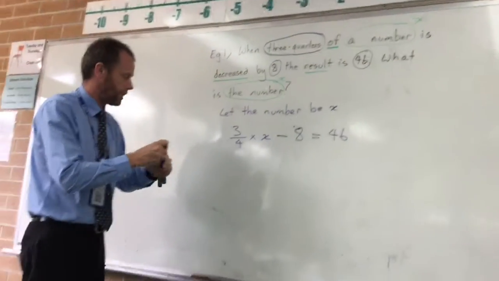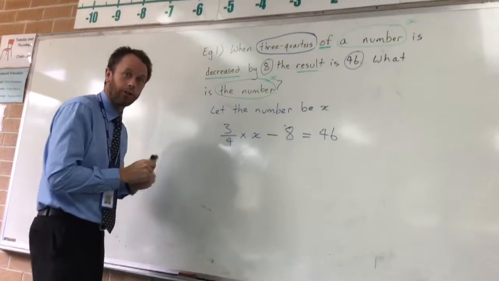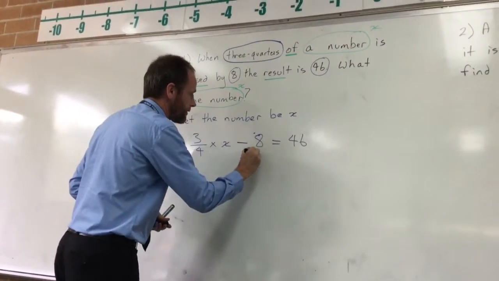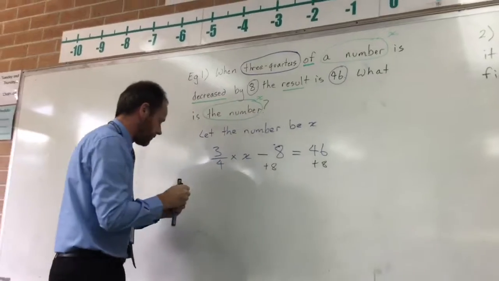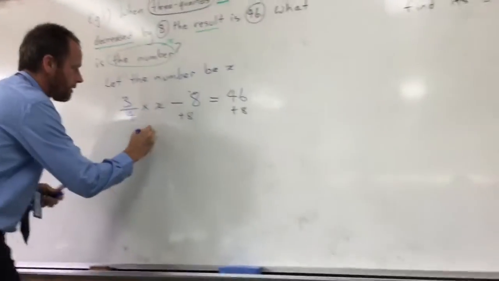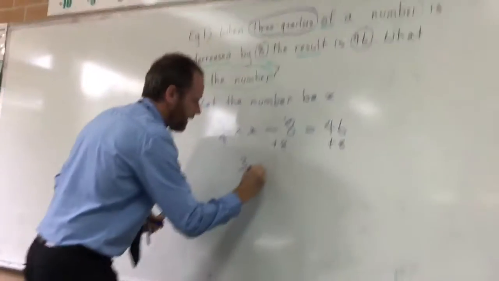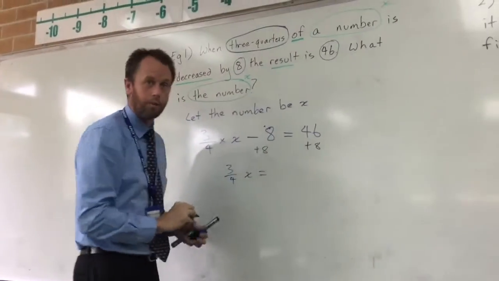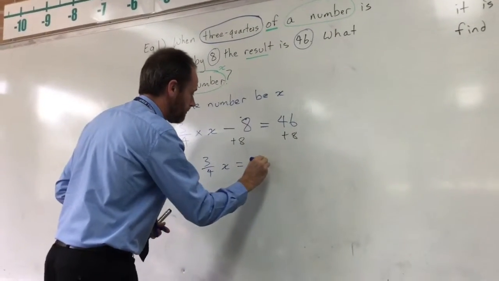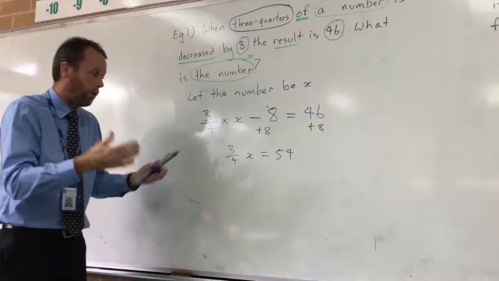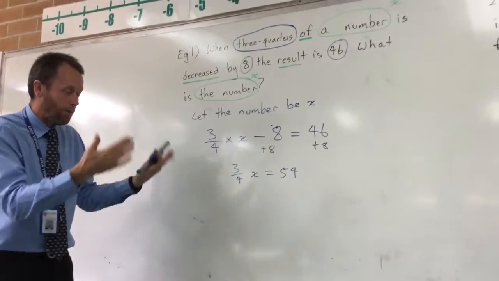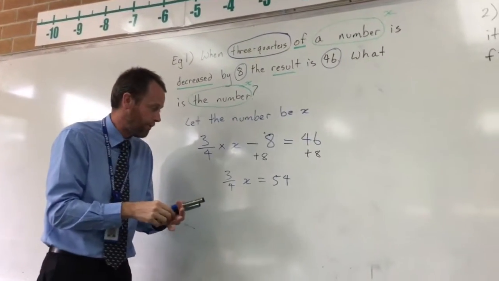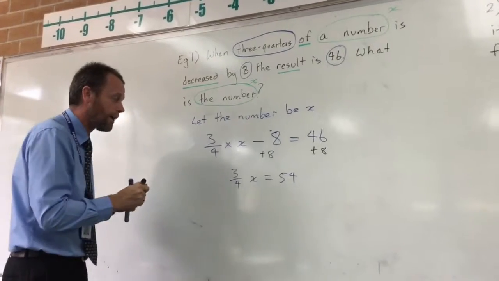So I look at what I've got here and I start to balance up my equation. Plus 8 on both sides. I then end up with 3/4 of x is equal to 46 plus 8, which is 54. Now 3/4, in my head I'm feeling a bit slow today. My brain's not working as quick as I'd like.